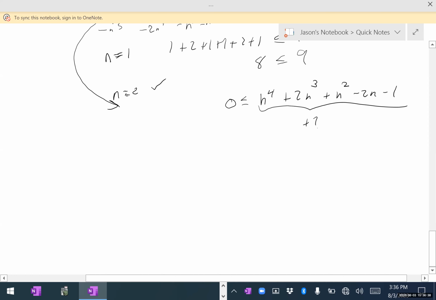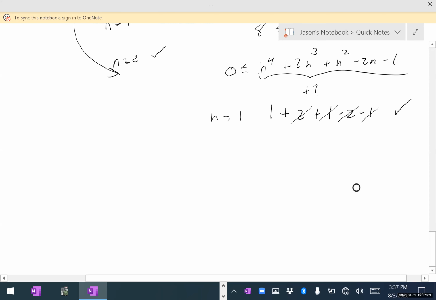Is 1 plus 2 plus 1 minus 2 minus 1 positive? Well, yeah, it is, because isn't everything going to cancel out except for that 1? If n equals 1, it works. It checks. It's positive. So the inequality holds.